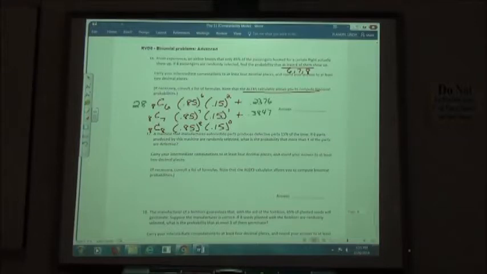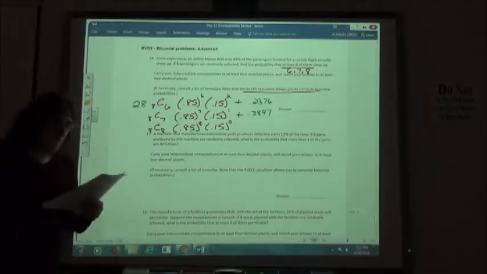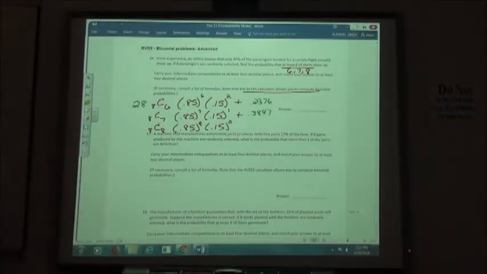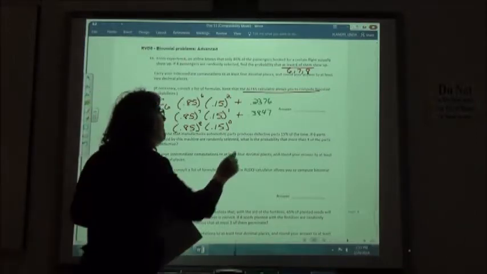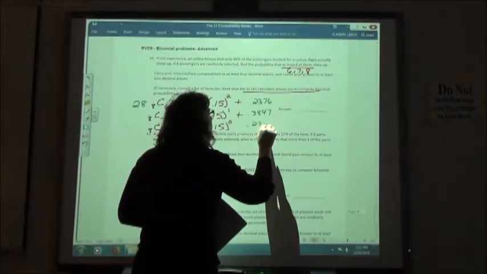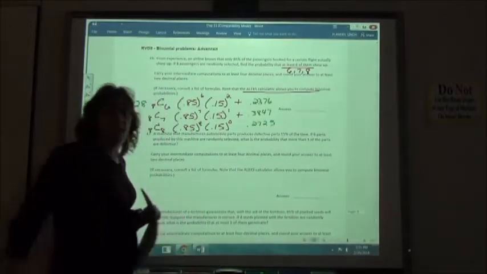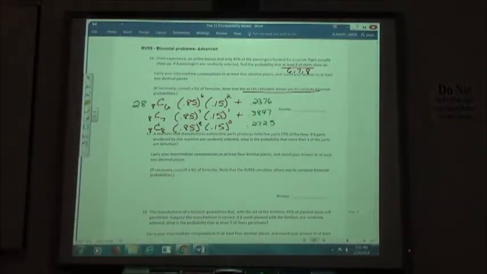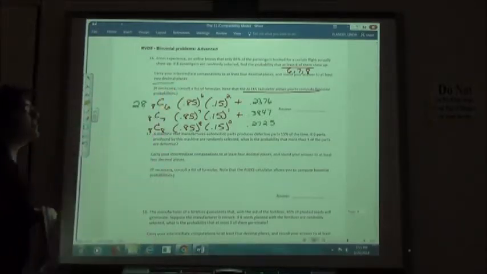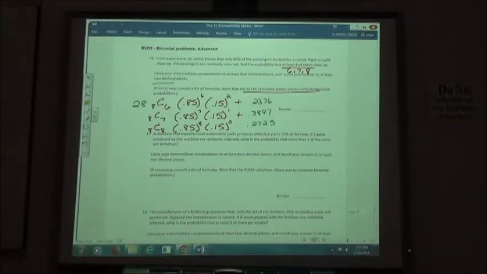I didn't write down my numbers in between. And then do the last one. 0.2725. Everybody getting that? Maybe? Okay, add those up. And then once you add them up, then you can round your answer to 2 decimal places. 0.89.